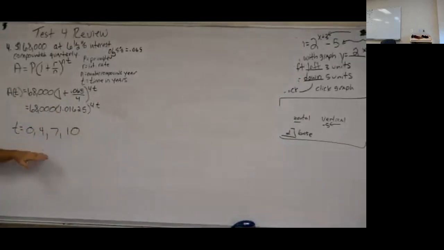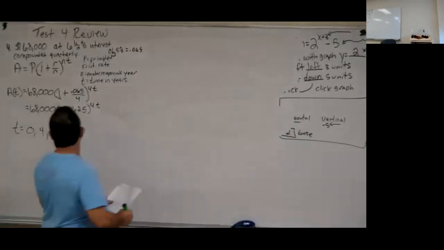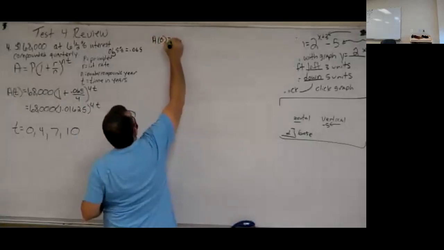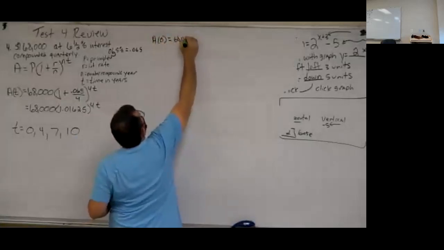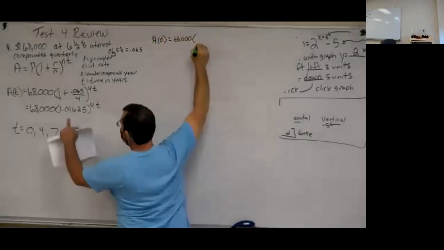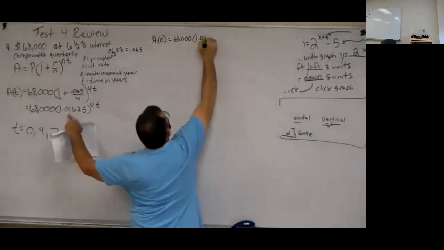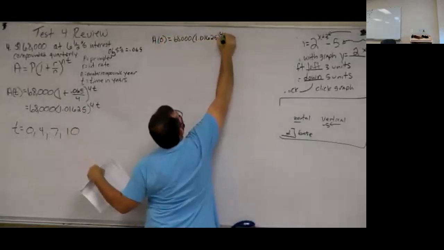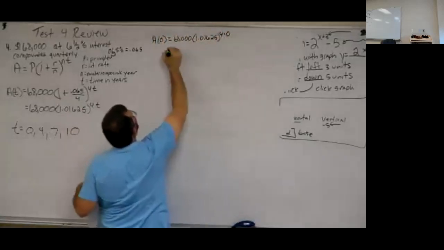They want me to use these times on this formula and see what we get every time, okay? So T of 0 will be A of 0, which will equal 68,000 times 1.01625 raised to the 4 times 0.